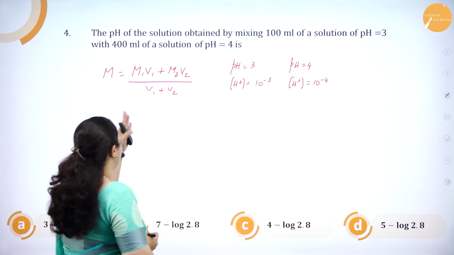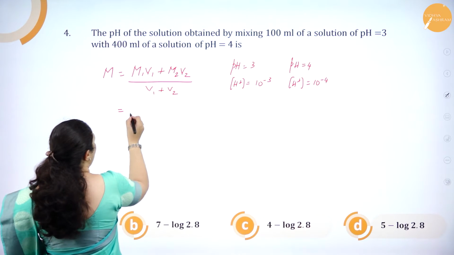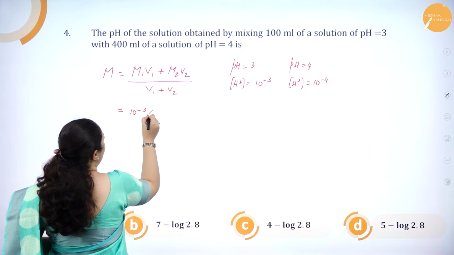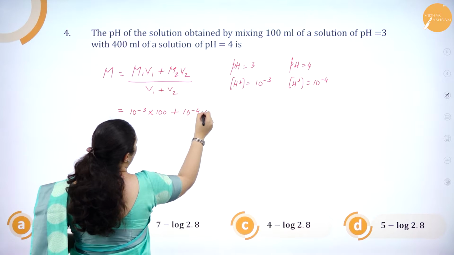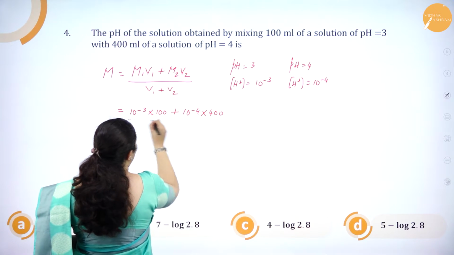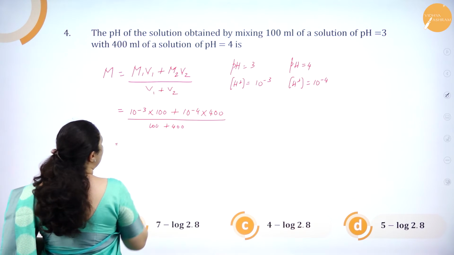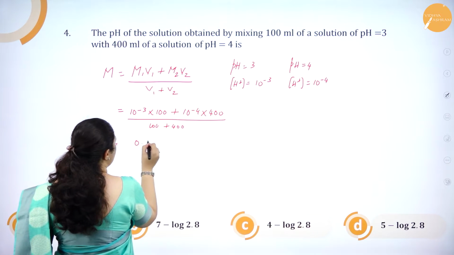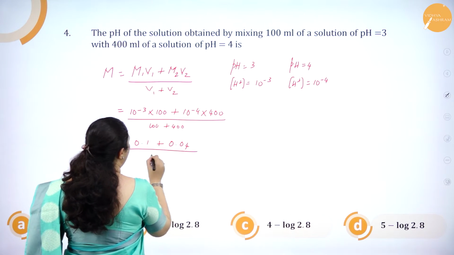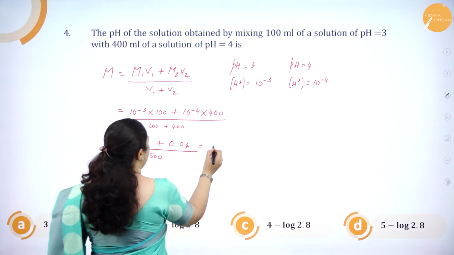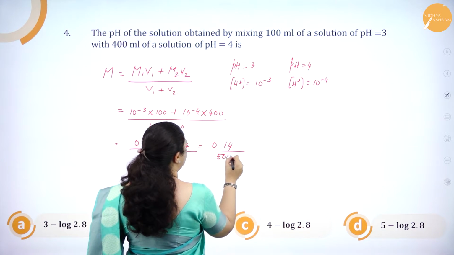Now the same thing I can take over here, I can solve it. 100 ml of pH 3, so 10 to the power minus 3 into 100 plus 10 to the power minus 4 into 400 divided by 100 plus 400. If I solve this, I'll get 0.1 plus 0.04 divided by 500, which is nothing but 0.14 divided by 500.